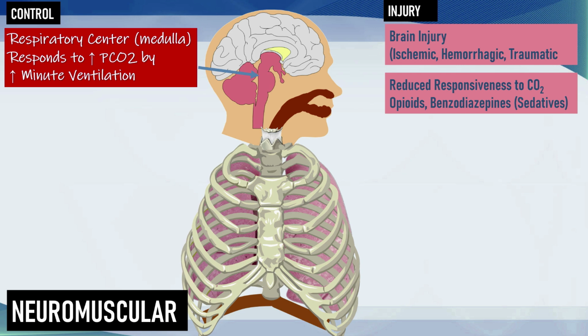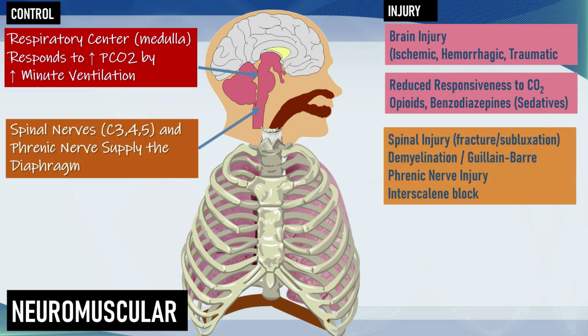Now, once the medulla triggers respiration, the information needs to be passed down through spinal nerves, and the key nerves here are C3, 4, and 5. They're the ones that keep the diaphragm alive. And also the phrenic nerve, which runs down the neck.